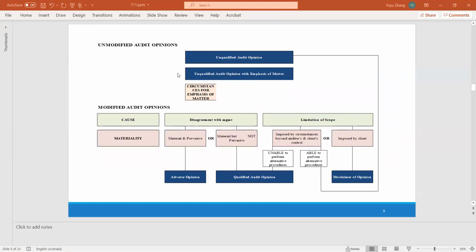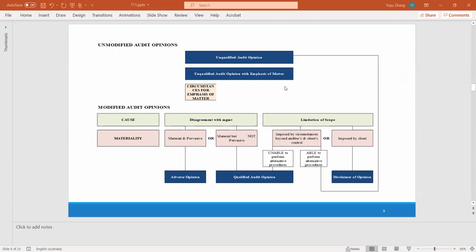In some situation, the auditors feel they don't really have any reservation regarding the audit report. However, they feel they still need to emphasize something to make the financial statement readers pay attention to certain information. So in that situation, they are going to issue the unmodified audit opinion with emphasis on matter or other matter paragraphs.